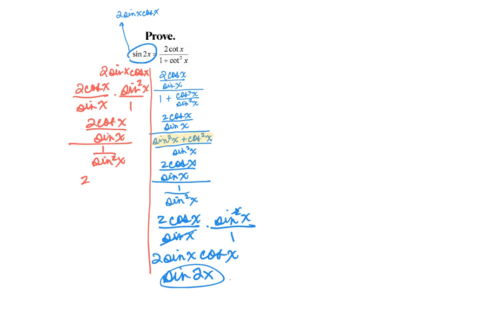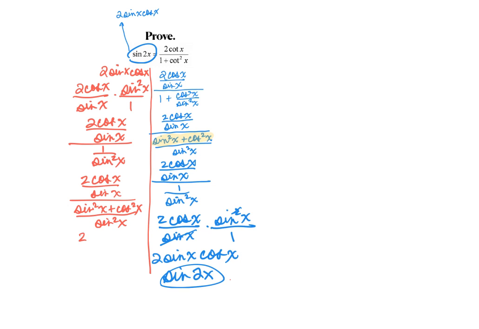So I'd have 2 cosine of x over sine of x all over sine squared x plus cosine squared x all over sine squared x. Now that brings me here. I have one more step to get here, so I would rewrite this by splitting the bottom fraction up into 2 parts.